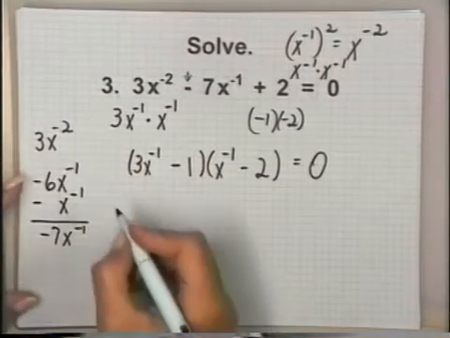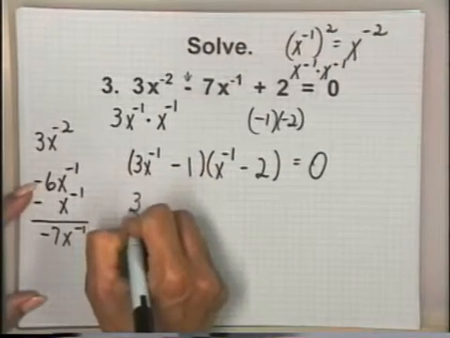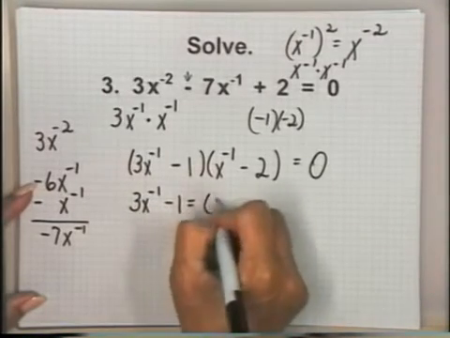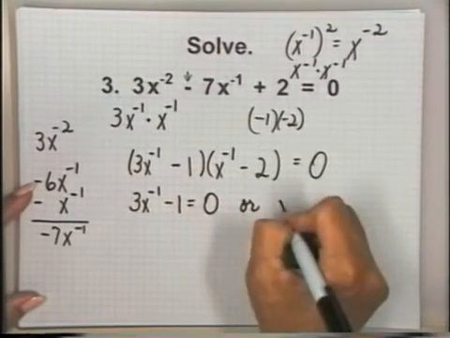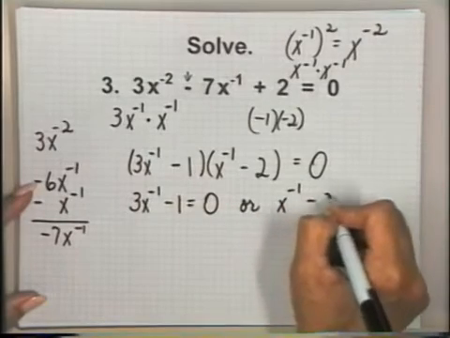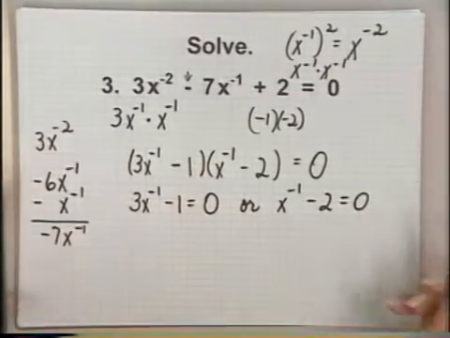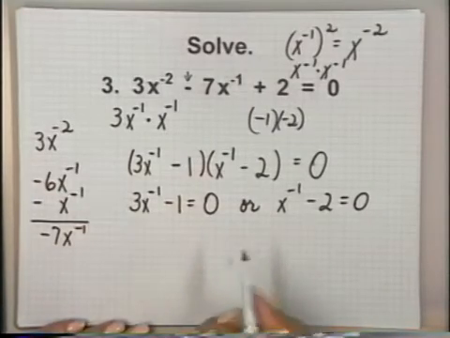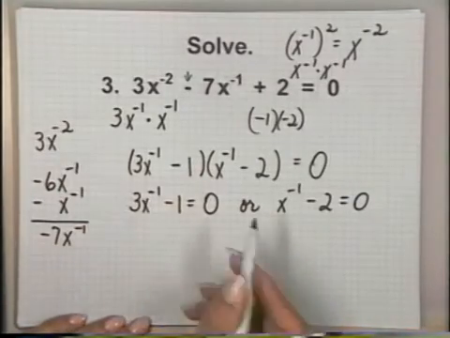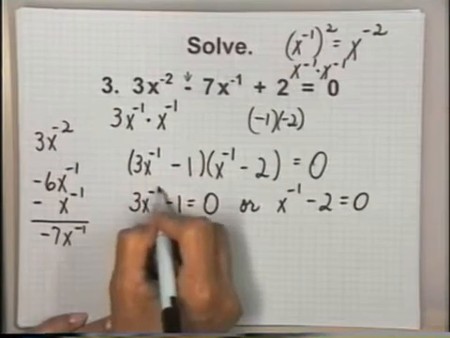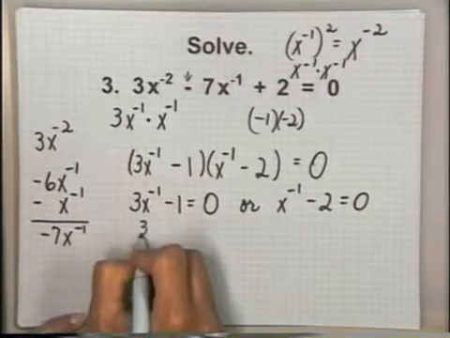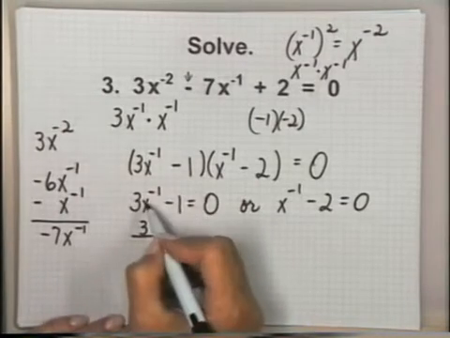Now I may use my zero product theorem. I may say 3x to the negative 1, subtract 1 equals 0, or x to the negative 1 minus 2 equals 0. Now, there's several ways that I can work this. So to begin with, I know that the x to the negative 1 needs to be rewritten.